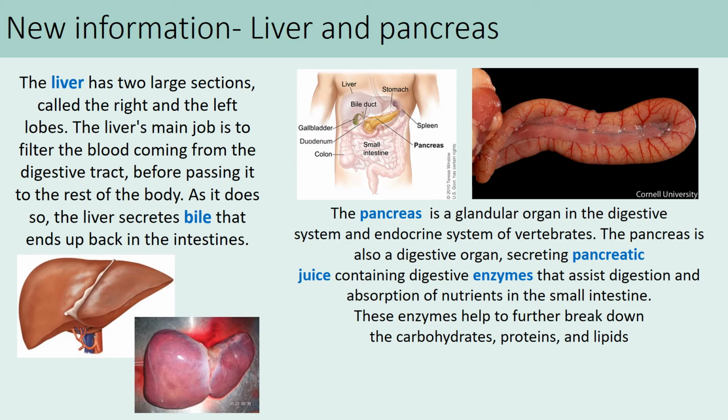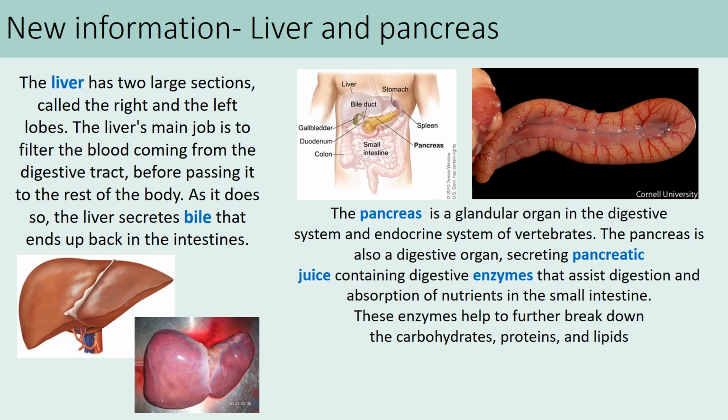The other organ, which is kind of separate but has a role to play in the digestive system, is the pancreas. Now, the pancreas does loads of important functions. It makes some different hormones, insulin and glucagon, which are to do with blood sugar levels, but it also produces pancreatic juice.